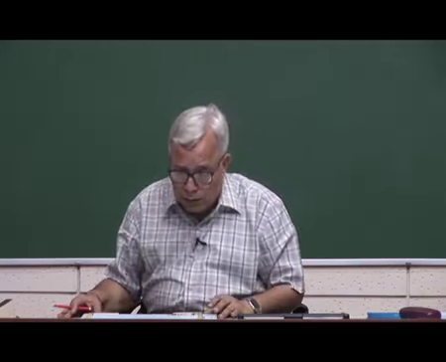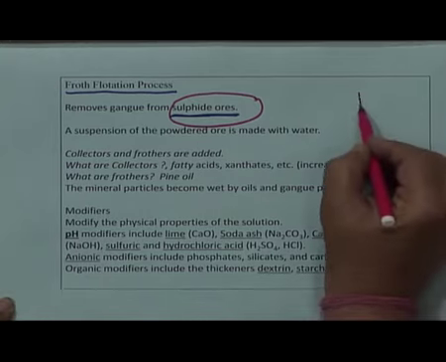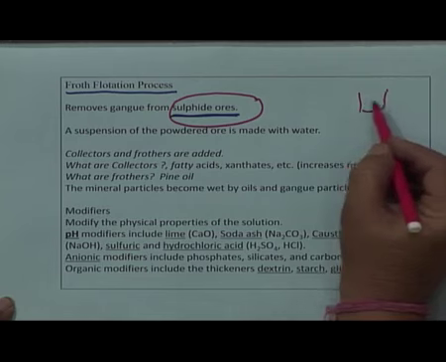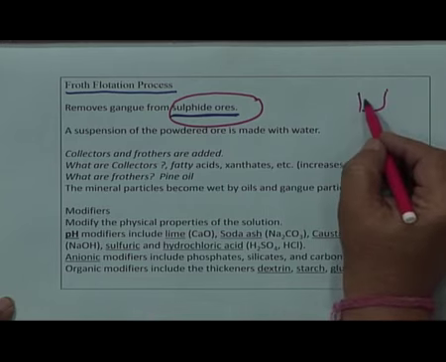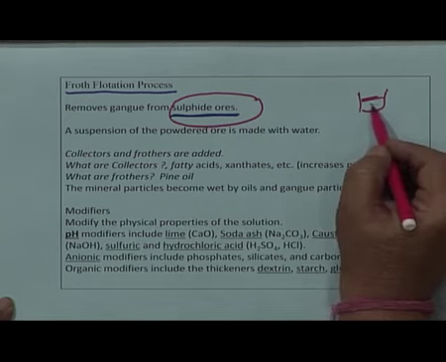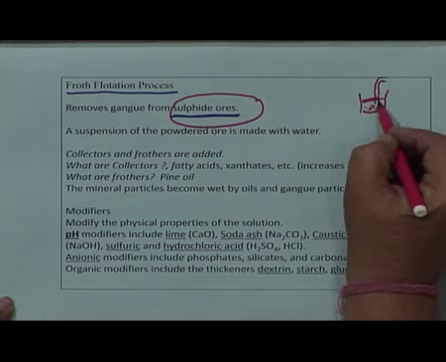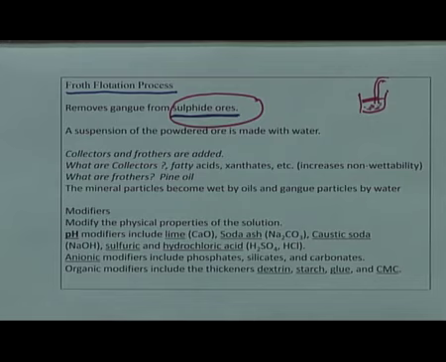What is a froth? If you take a bucket, put water in it and add some surf or any surfactant, and pass air into it, what will happen? There will be a froth formed on the top.